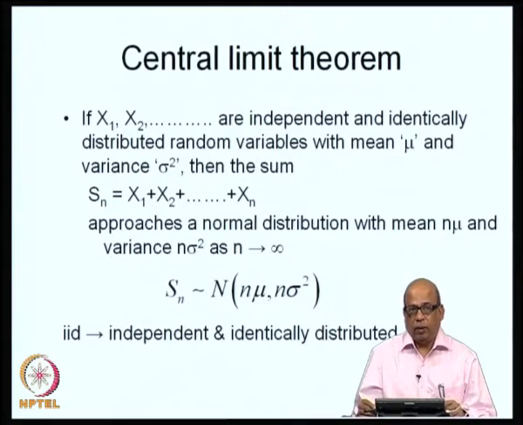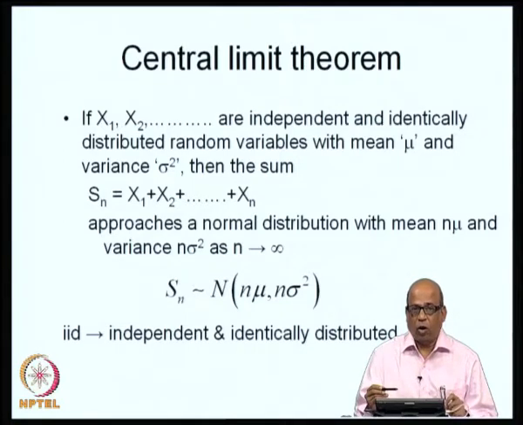Now, look at the implications of this. It does not put any restriction on whether x 1, x 2, x 3 etcetera have to follow normal distribution. They can follow any distribution as long as they are all independent random variables and as long as all of them follow the same distribution. Let us say they are following exponential distribution with the same mean.